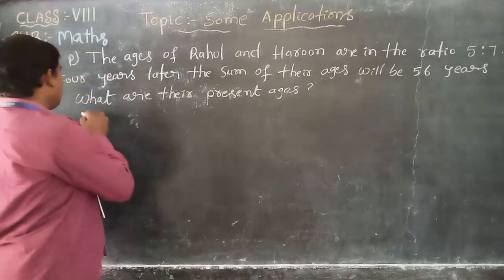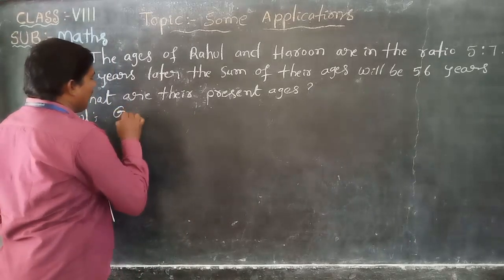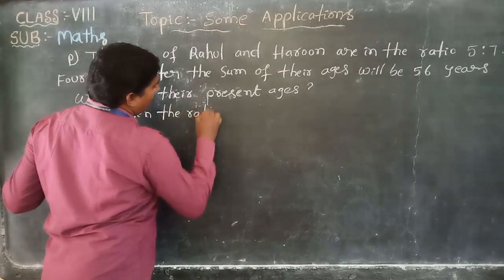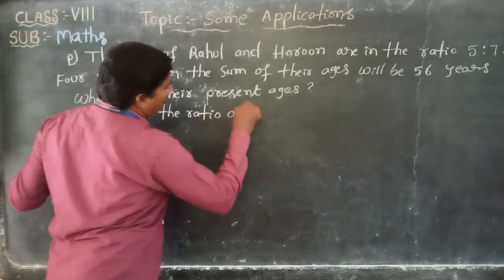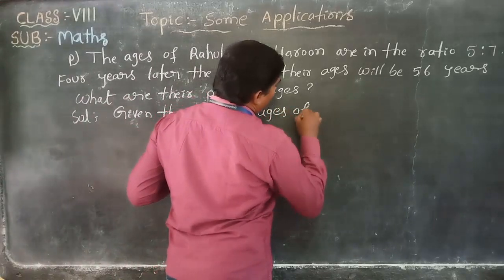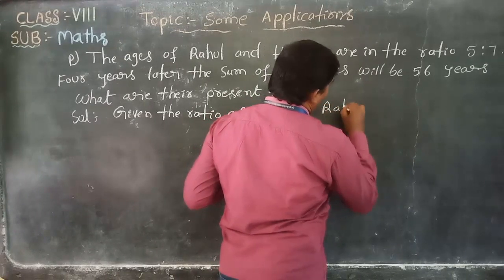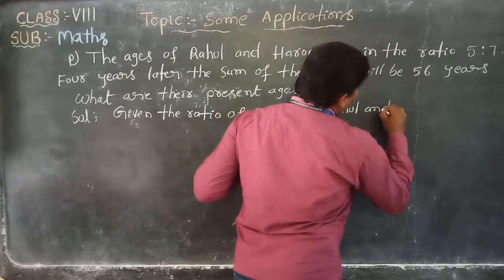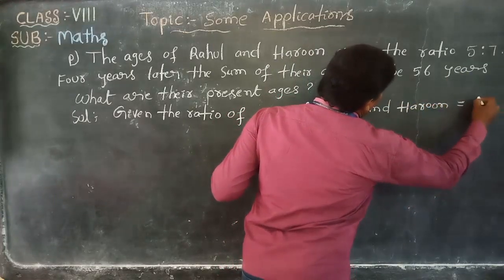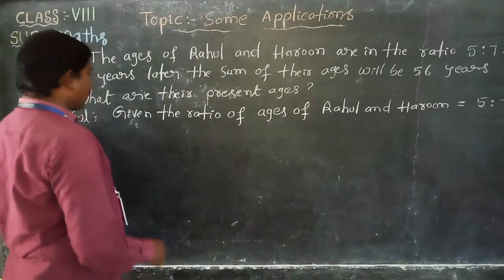Okay. Solution. Let the ratio of ages of Rahul and Arun be 5:7.